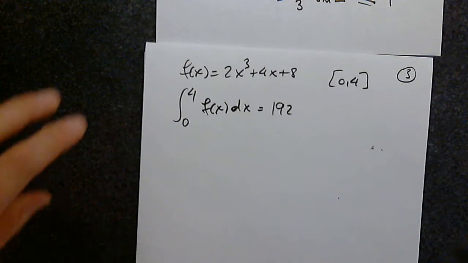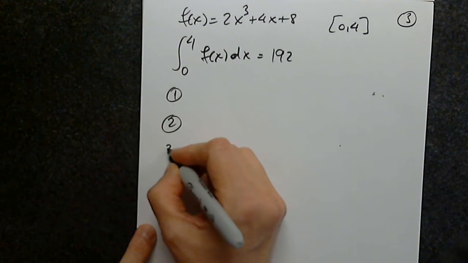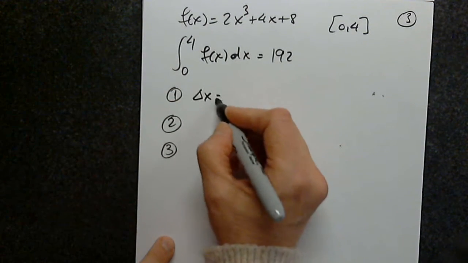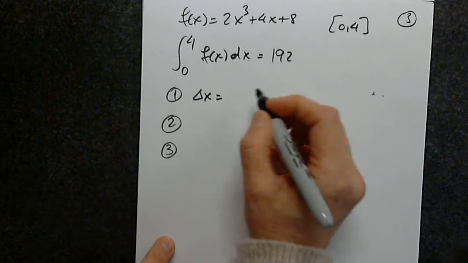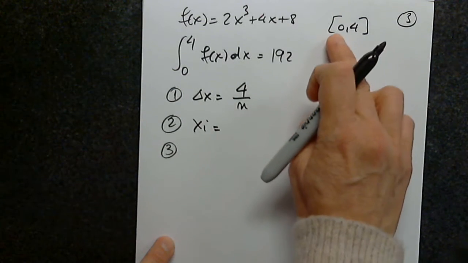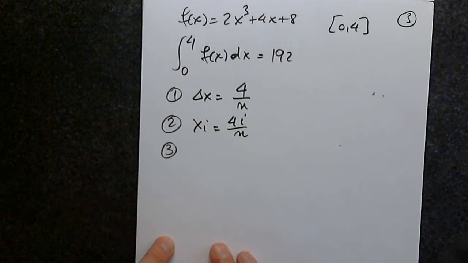Okay. So now I have 3 preps. The first prep is delta x, 4 minus 0 over n. Then xi. Thank God it starts at 0, right? So I have 4i over n.